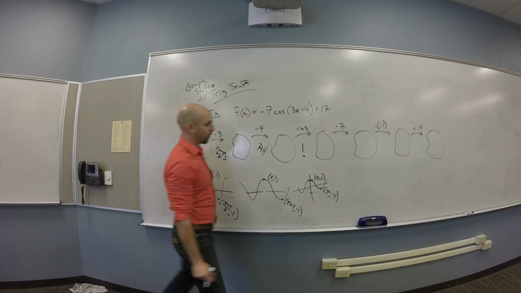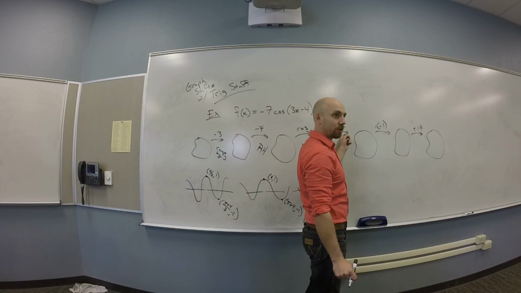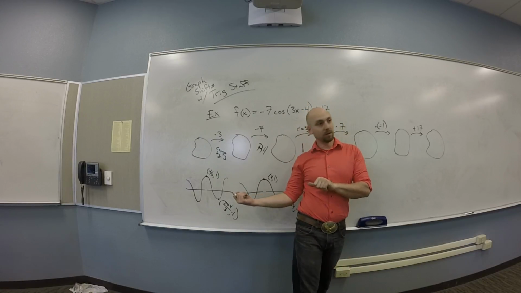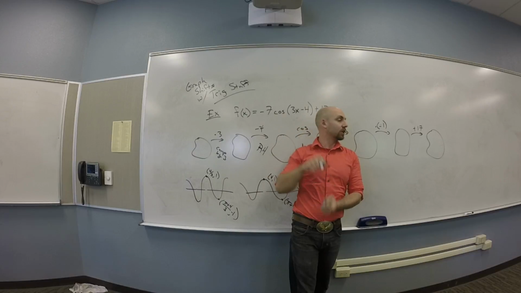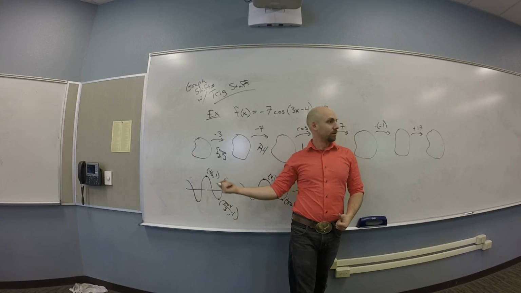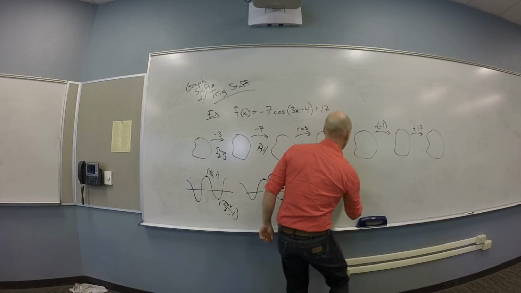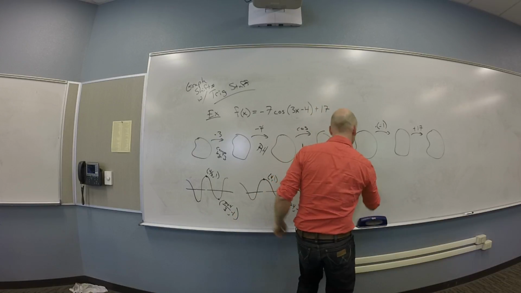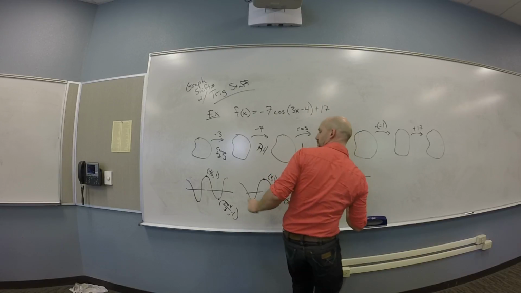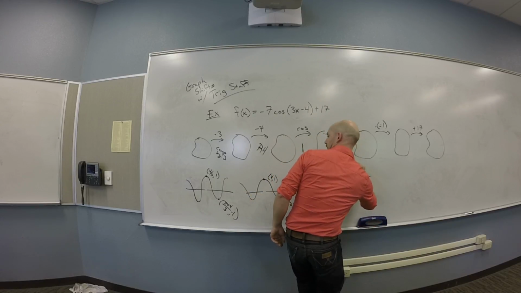I walk over to my vertical stretch, which is going to make it taller. It changes the y's, so 1 and -1 become 7 and -7.